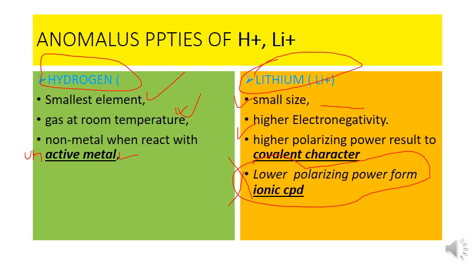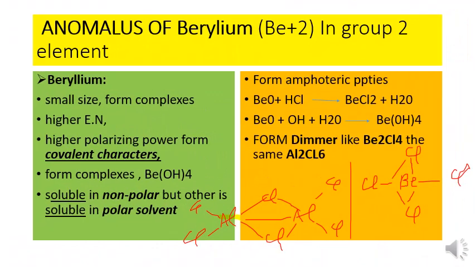Lithium also has some anomalous properties the same as group 2. We are going to see. In group 2 we have beryllium. Beryllium has special features: it has a small size, which means it forms complexes. It also has high electronegativity and high polarizing power, which means it forms covalent character.